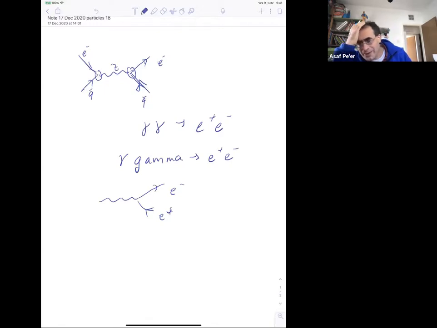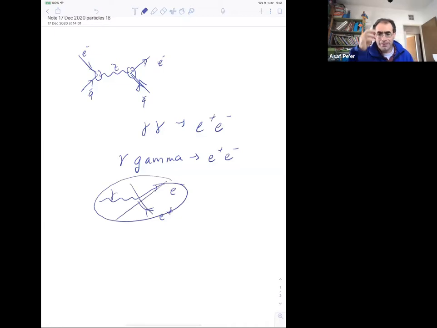It's okay to say that there was a typo, but I definitely expect you to know by now that such an interaction is forbidden. So I took off points, not because you missed a typo. It wasn't even a typo. It was just written like one gamma in words and one gamma in the Greek letter. But this is something which I definitely expect you to realize by now: a photon by itself cannot decay into a pair, and you should realize why.